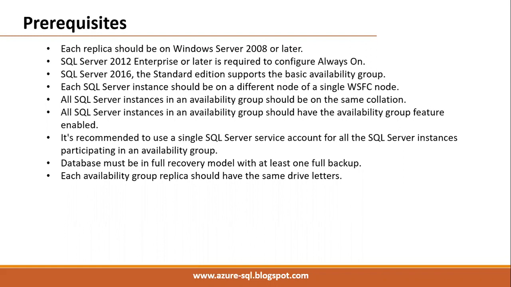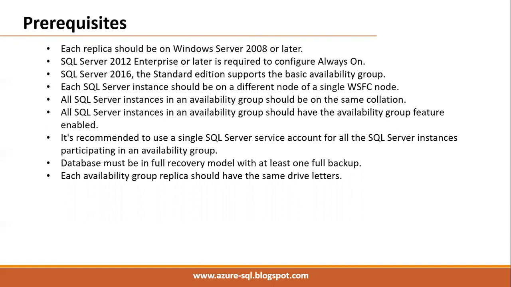These are the very basic prerequisites to start Always On configuration. First, to configure Always On, we have seen that Windows cluster is compulsory. I will check whether the Windows cluster is working fine or not.